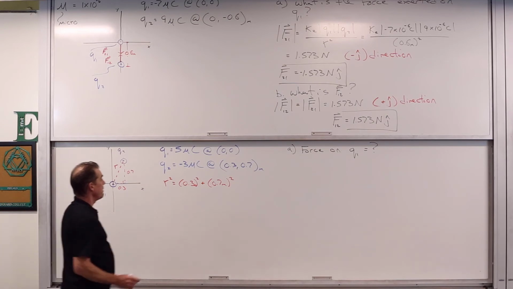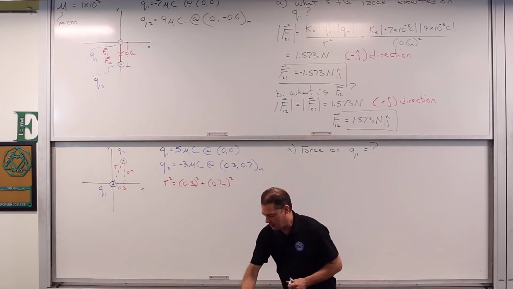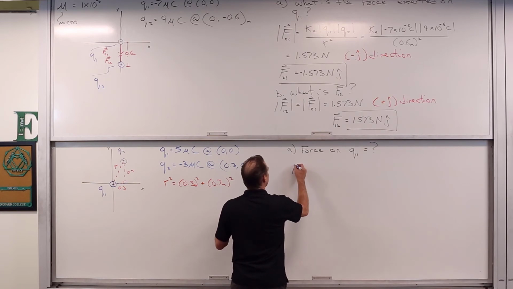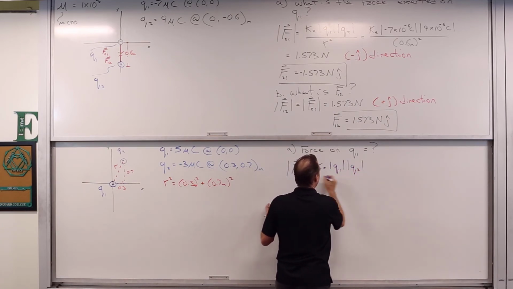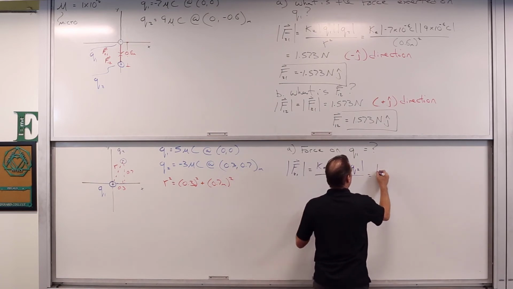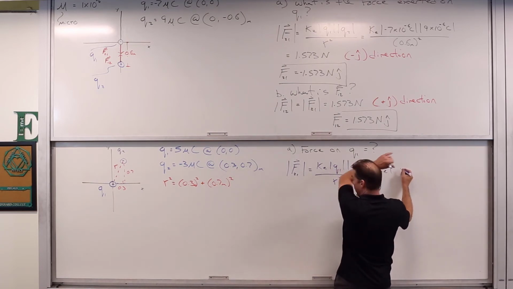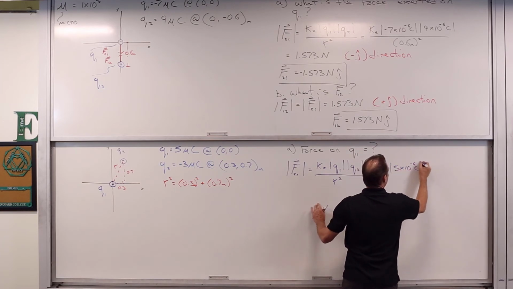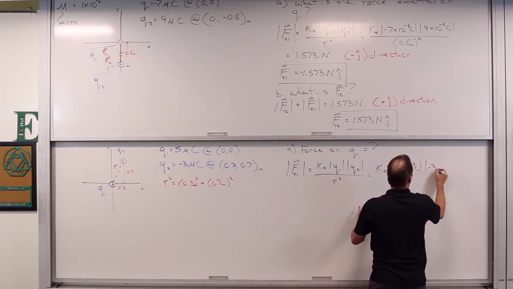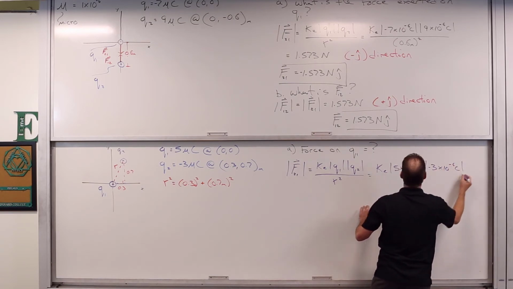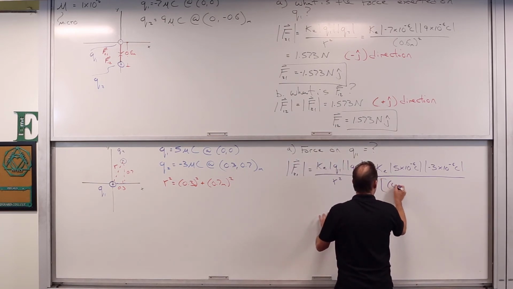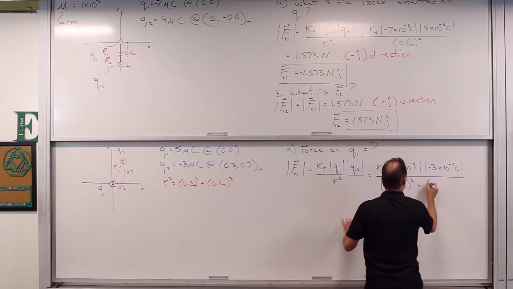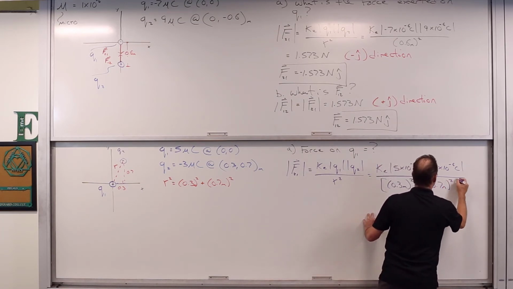At any rate, there's R squared, and from there we can go ahead and say the force that Q2 exerts on Q1 in terms of its magnitude is K sub E, absolute value of Q1, absolute value of Q2 divided by R squared, which is now going to be equal to K sub E times the absolute value of 5 times 10 to the negative 6 coulombs times the absolute value of negative 3 times 10 to the negative 6 coulombs divided by their distance away squared, which is the quantity of 0.3 meters squared plus 0.7 meters squared.